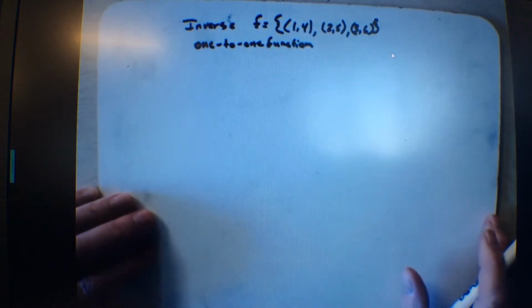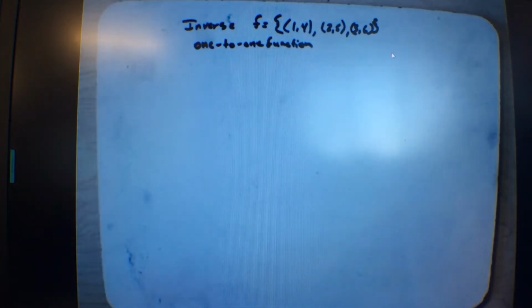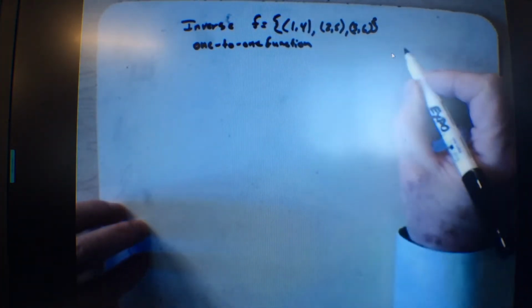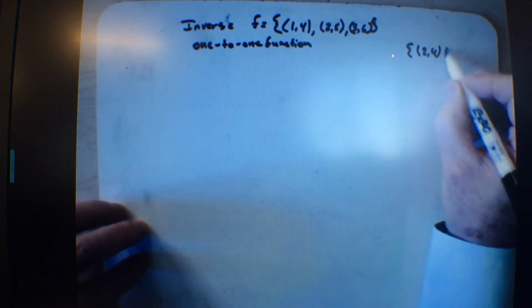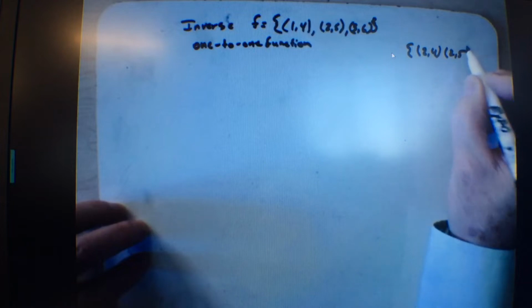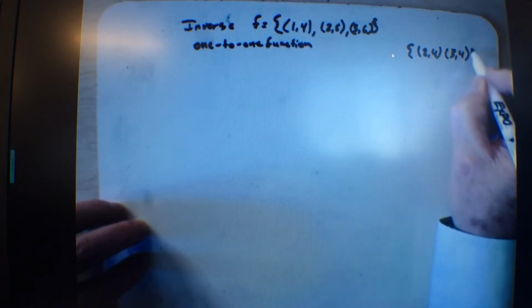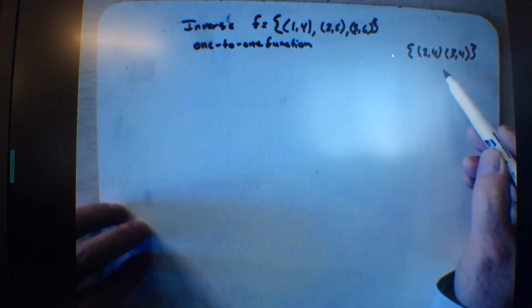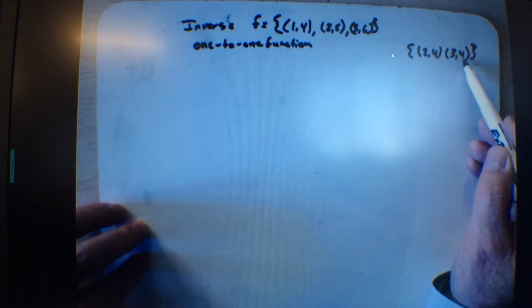Now, that's not always true of all functions, okay? If you remember right, in all functions, it is possible, I'm just going to do this off to the side, if we go 3, 4, and 2, 4. This is still a function because we have two numbers going to 4.